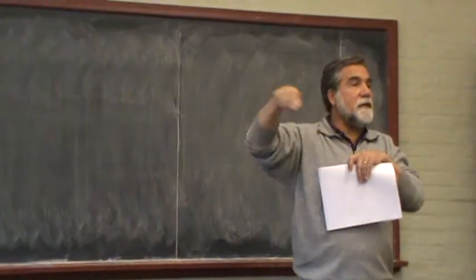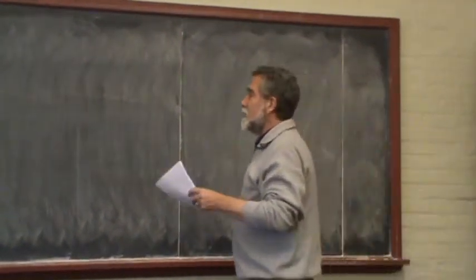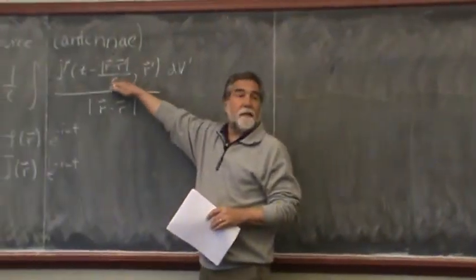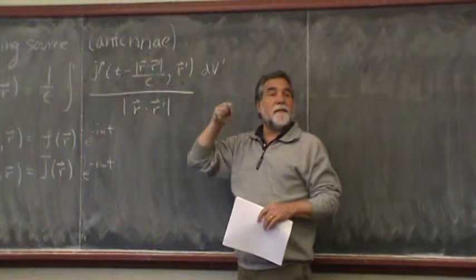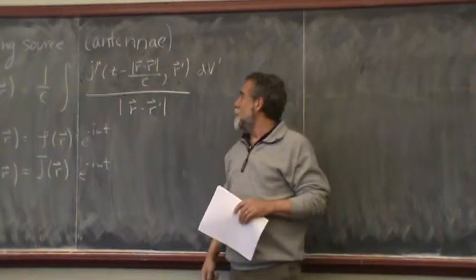So you just put in this delay. T is equal to R minus R prime over C. This is complicated if the system has any size whatsoever, correct?